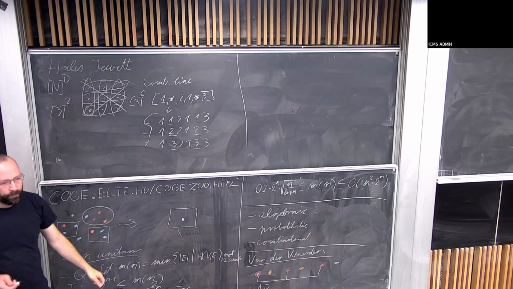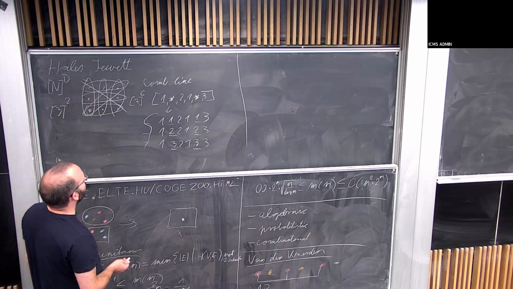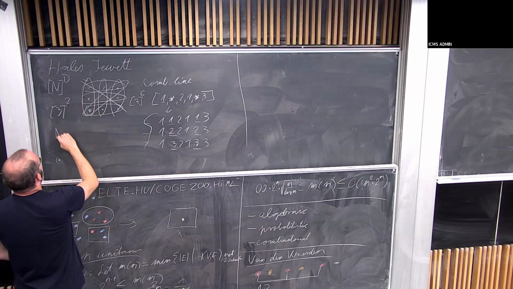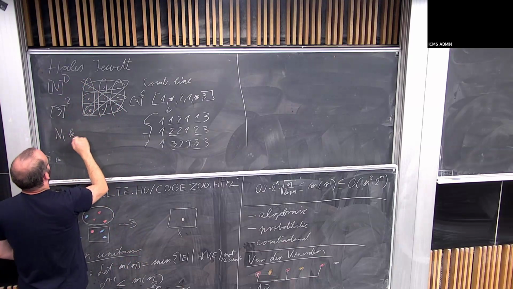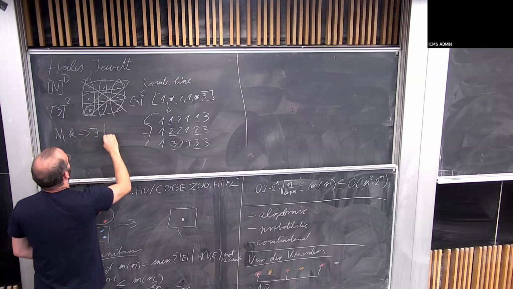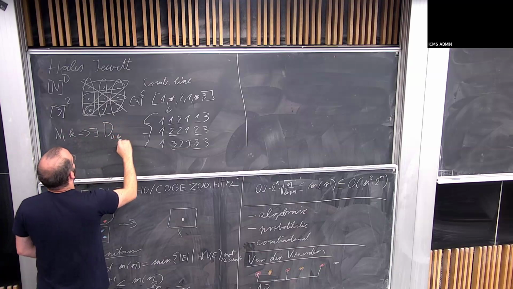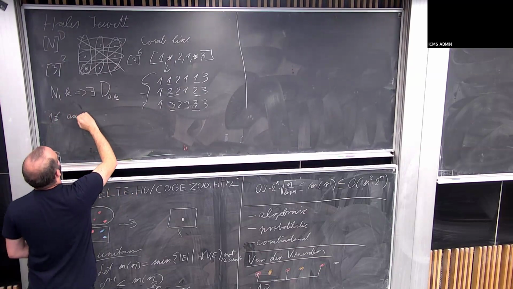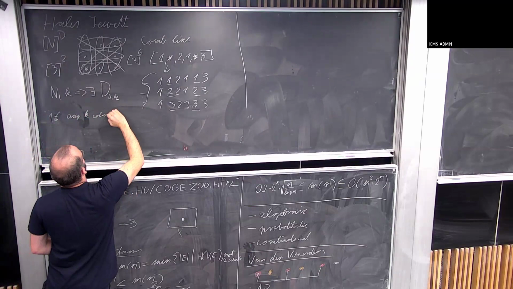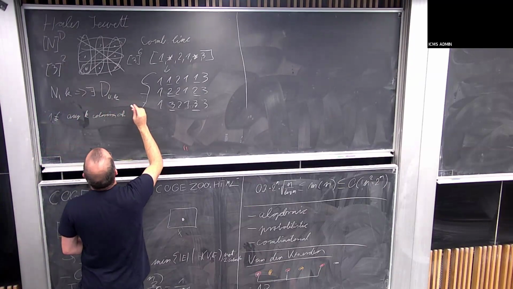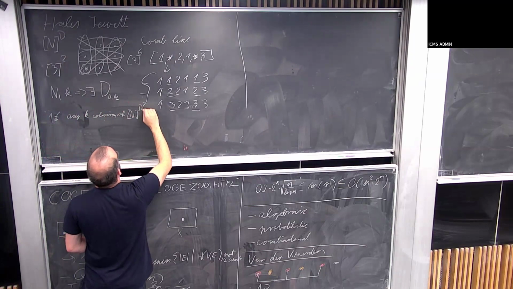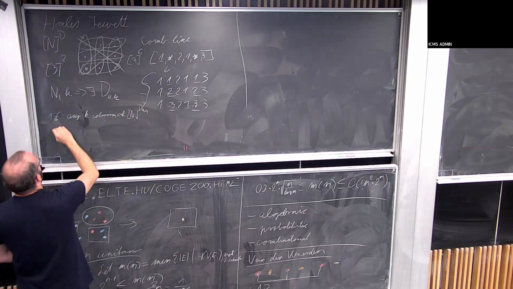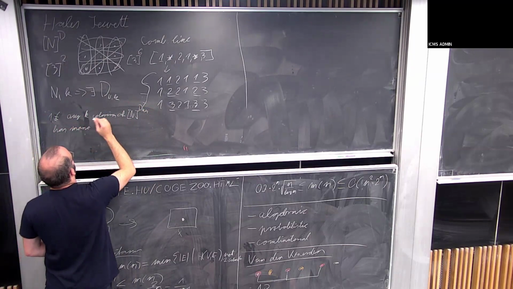Okay, and so Hales-Jewett theorem says that if I fix n and I fix the number of colors, let's say k, then there exists a d which depends on them, such that any k coloring of n to the d has a monochromatic combinatorial line.